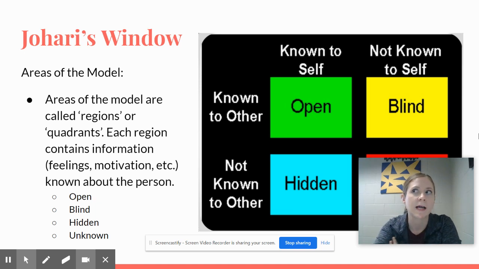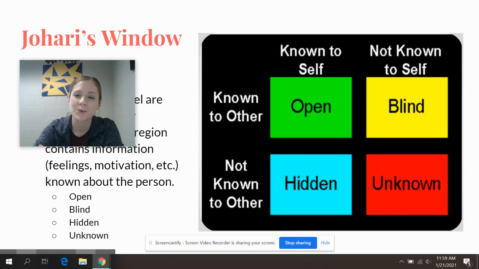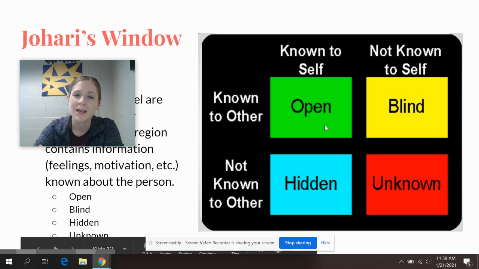There are multiple sides of you. You are not just the person that shows up in class, in the same way that I'm not just the person that sits behind the screen and talks to you. Johari's window helps us break down the different facets of how you communicate and what you're willing to reveal to others. So there are 4 quadrants: open, blind, hidden, and then underneath my big head is the word unknown.